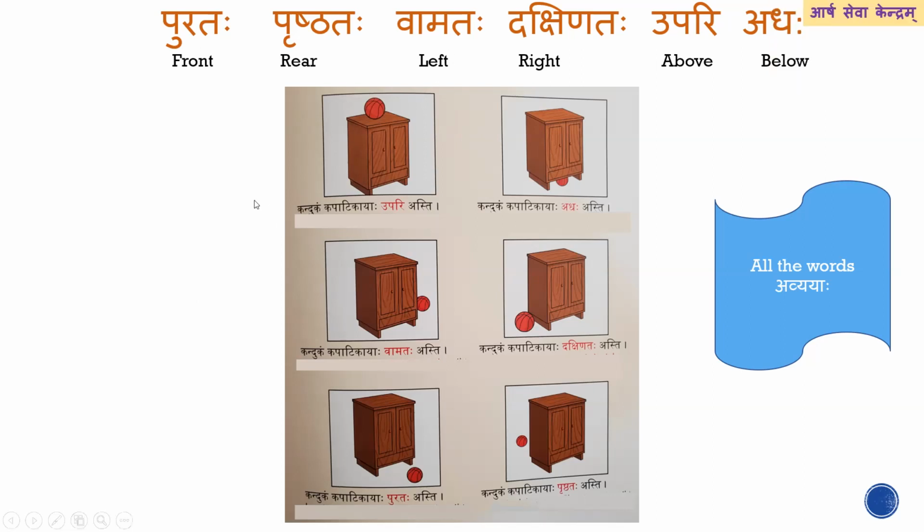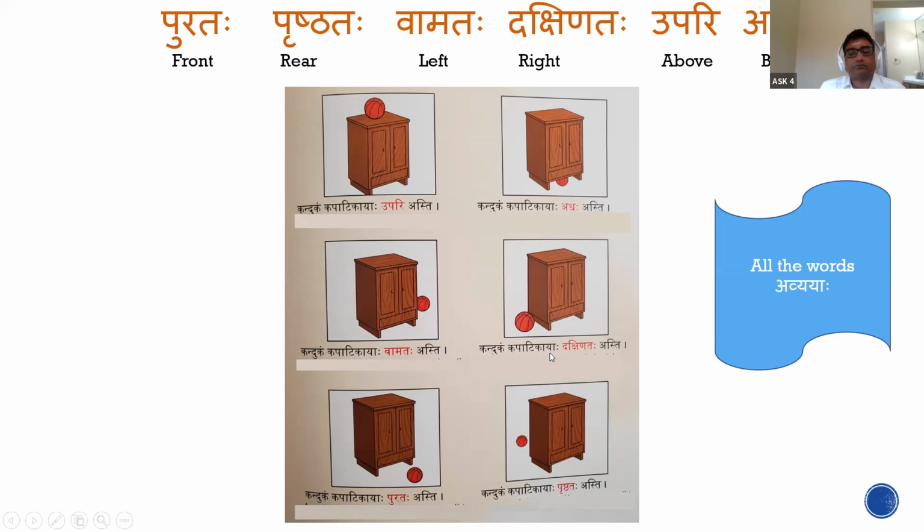Avagadam. So, idani patadu mahoday saha kaha patadi. Padmajaji, Bhavati patatu. Kandukam, Kapatikayaha, Upari Asti. Kandukam, Kapatikayaha, Adaha Asti. Ataha Asti. Kandukam, Kapatikayaha, Vamataha Asti.